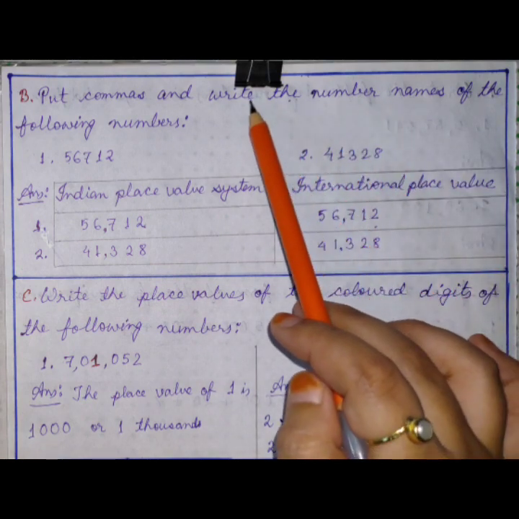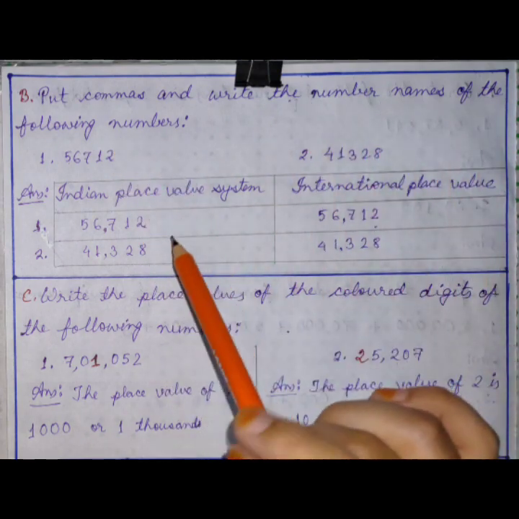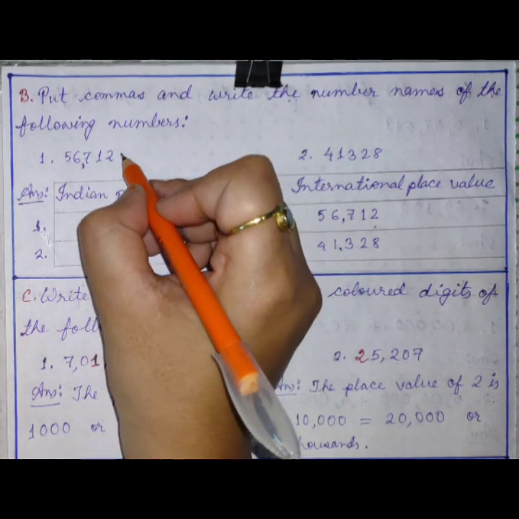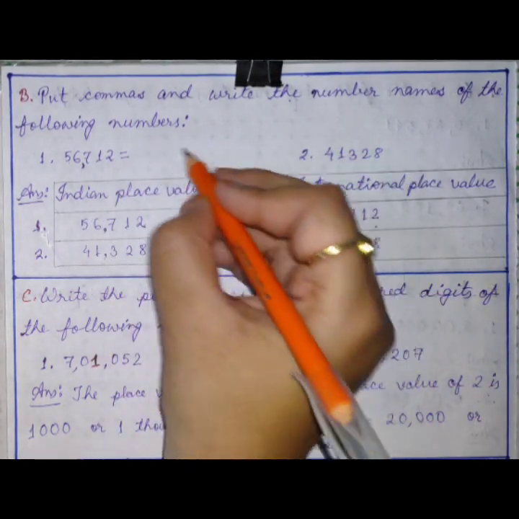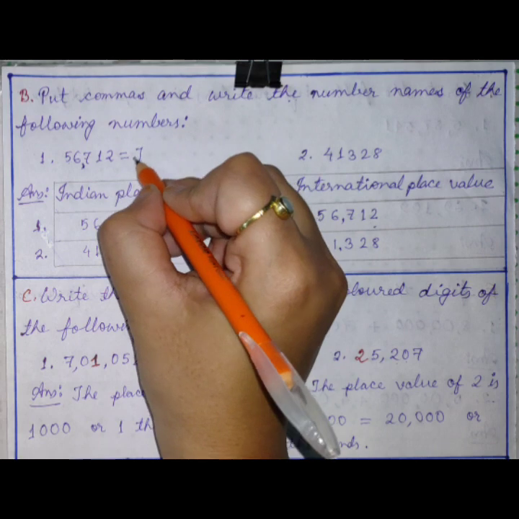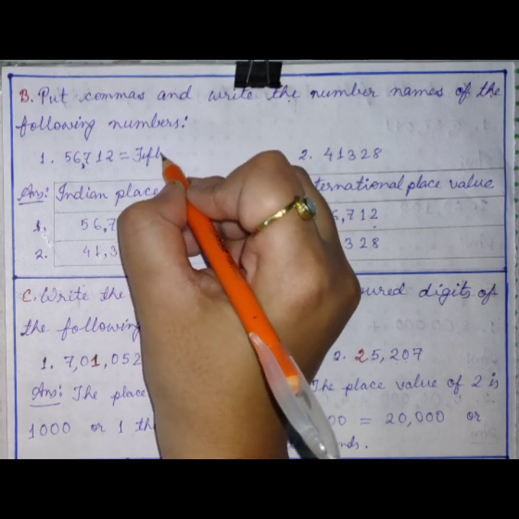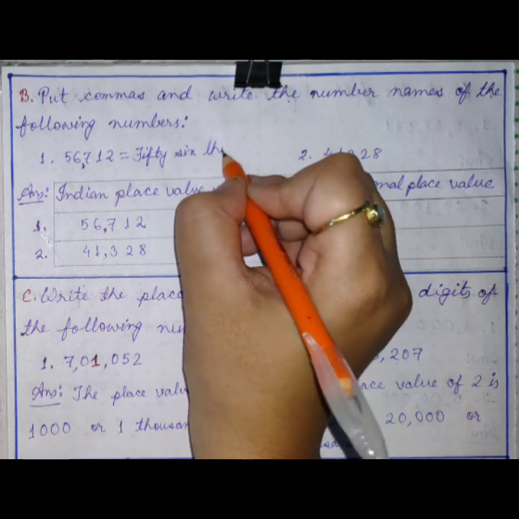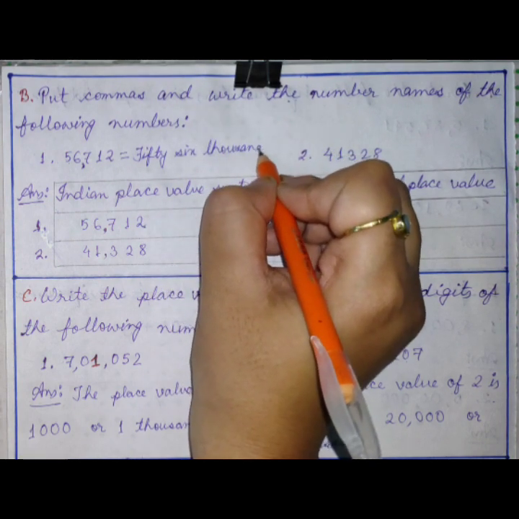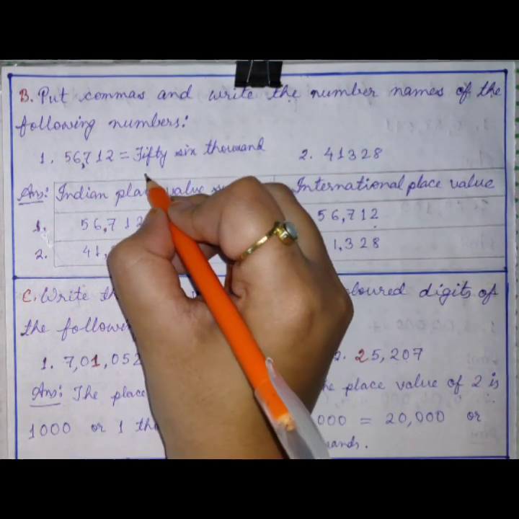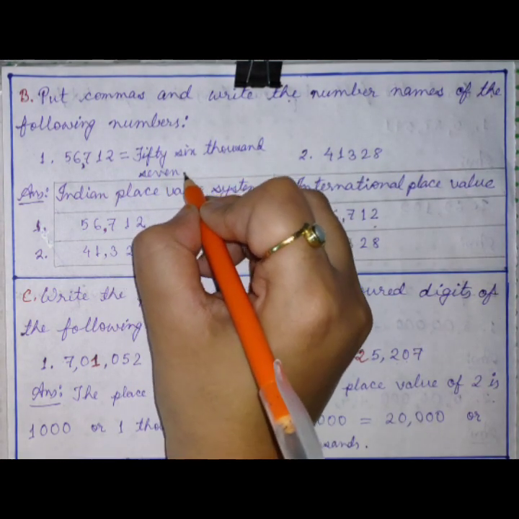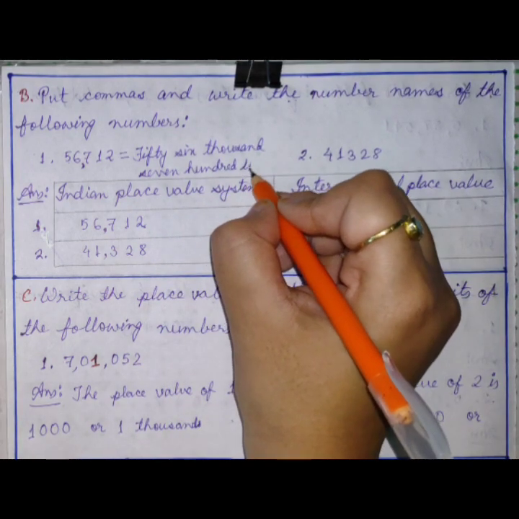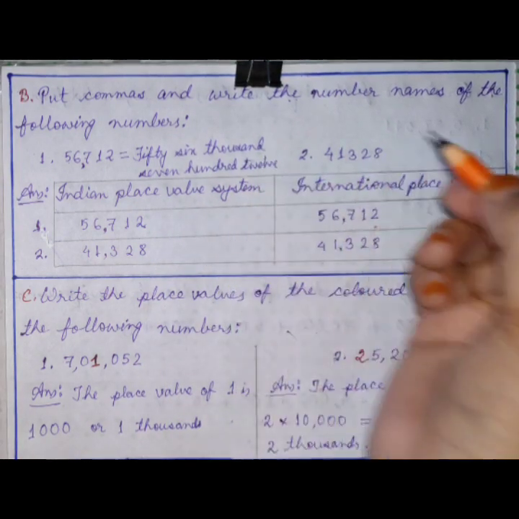Let me discuss it. Write the number names of the following numbers. After putting the comma, what will be the number name in the Indian place value system? It will be 56,000 712, right?